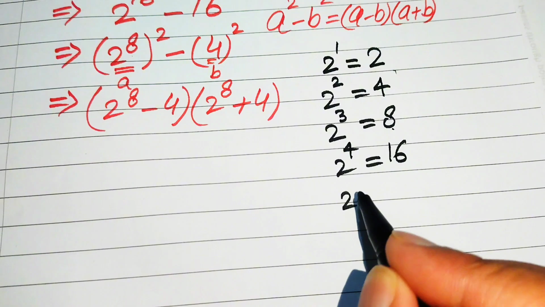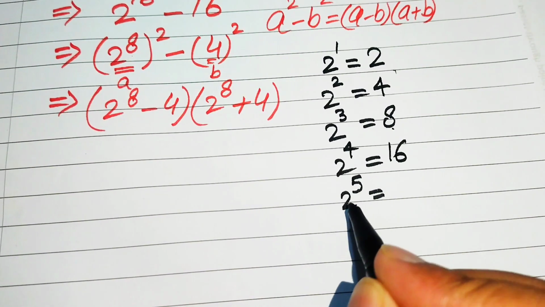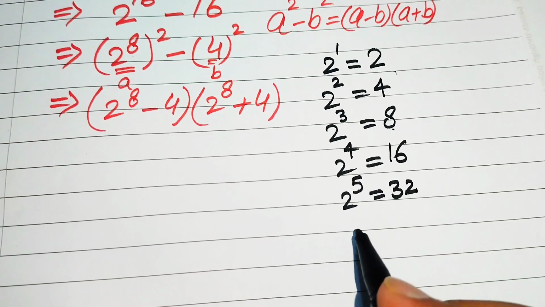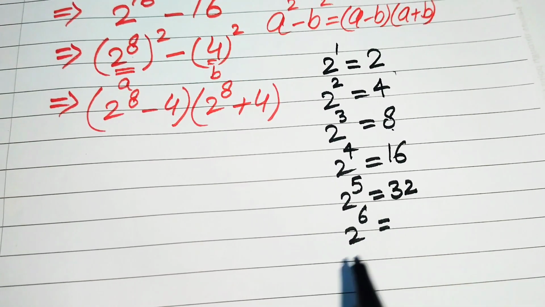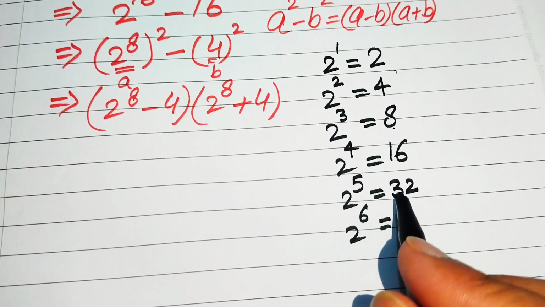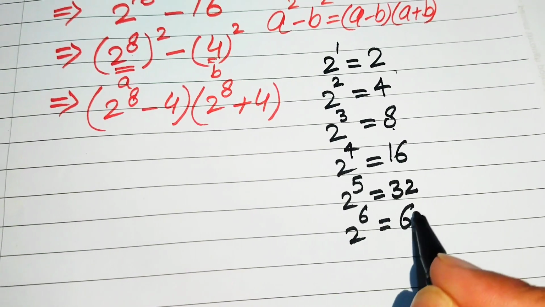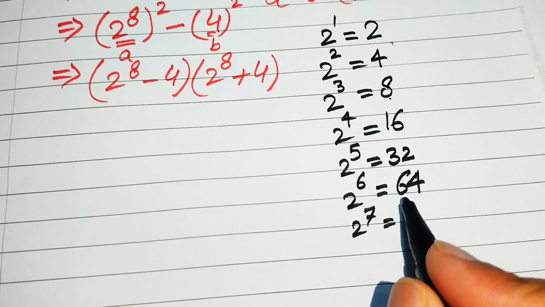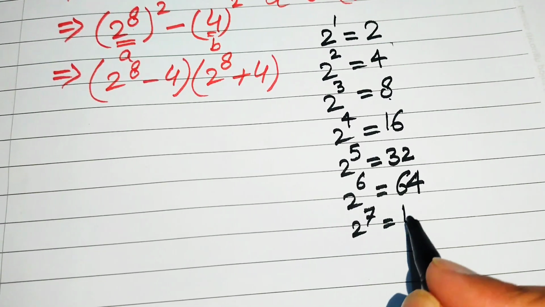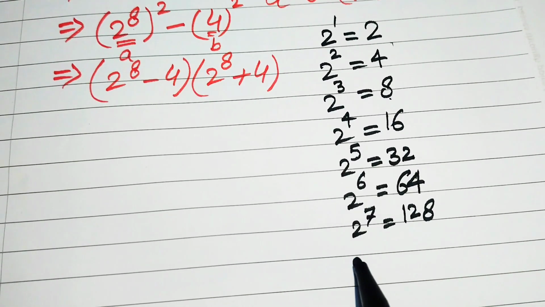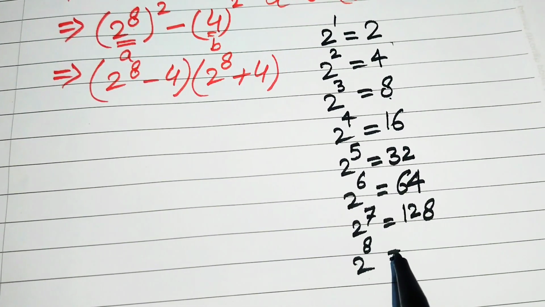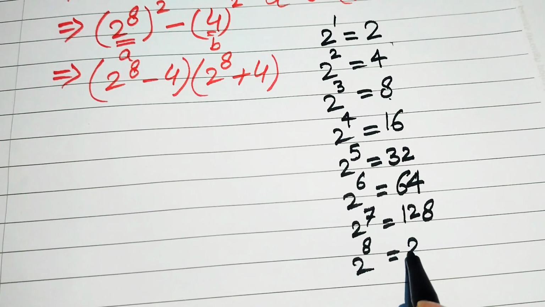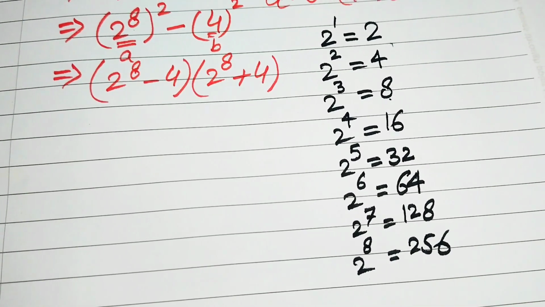Similarly, 2 to the power of 5 means you multiply 16 by 2 and get 32. For 2 to the power of 6, you multiply 32 by 2 and get 64. For 2 to the power of 7, you multiply 64 by 2 and get 128. For 2 to the power of 8, you multiply 128 by 2, then you get 256.